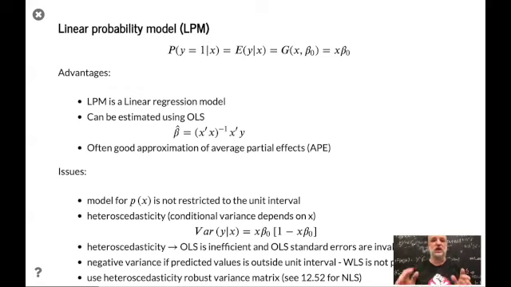I apologize for this unforgivable abuse of notation that I didn't introduce, but I guess you know how to do OLS by now. So it's clear that this is pretty easy to estimate.